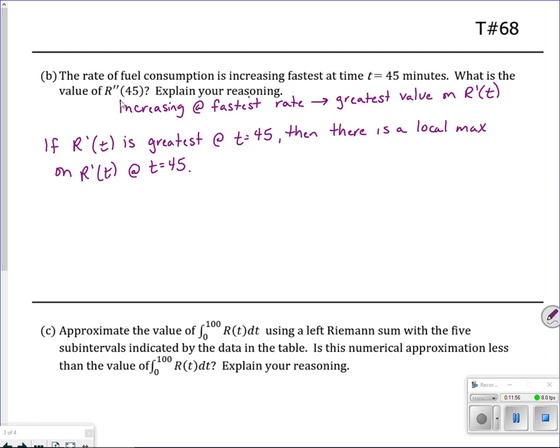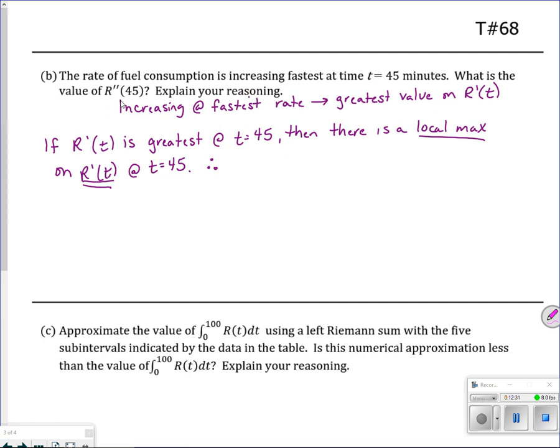Okay, what did the question ask me for? The question asked me for r double prime of 45. So if there is a max on a function, tell me what has to be true of its derivative. Well, if there is a maximum, then the derivative at that point would have to either be 0 or undefined, but they told you it's twice differentiable, which means it can't be undefined.